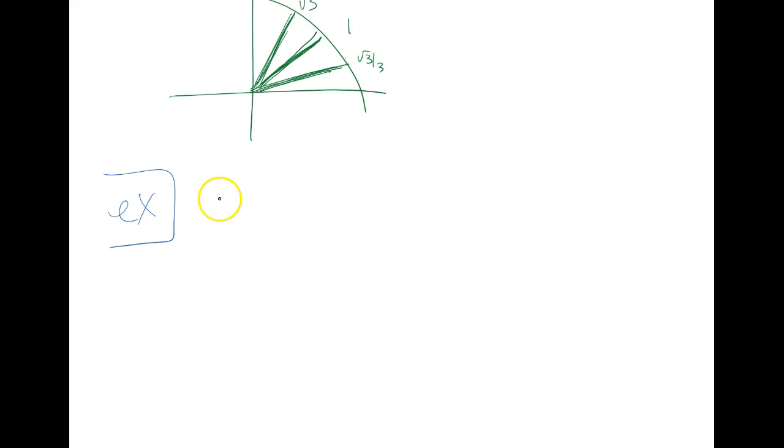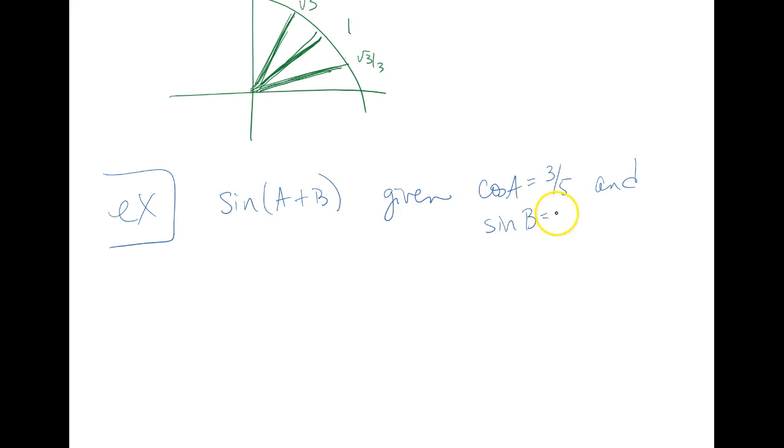How about if you're asked to find the sine of A plus B, and it says like, given cosine of A is 3/5 and sine of B is, I don't know, what do I want to do? Maybe I'll do like 5/13. Okay, so this is probably as hard as this kind gets.